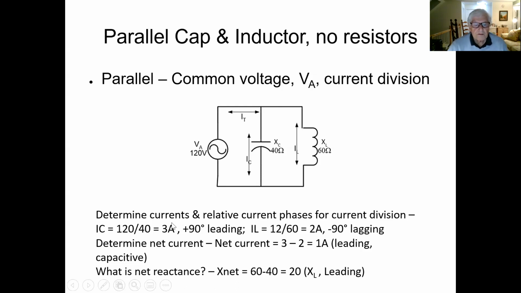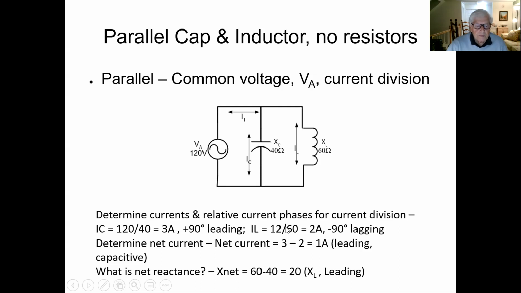So IC is going to be 120 over 40, or 3 amps, 90 degree leading. And IL is going to be 120 over 60, 2 amps with 90 degree lagging. Then 3 leading, 2 lagging, giving 1 amp leading.